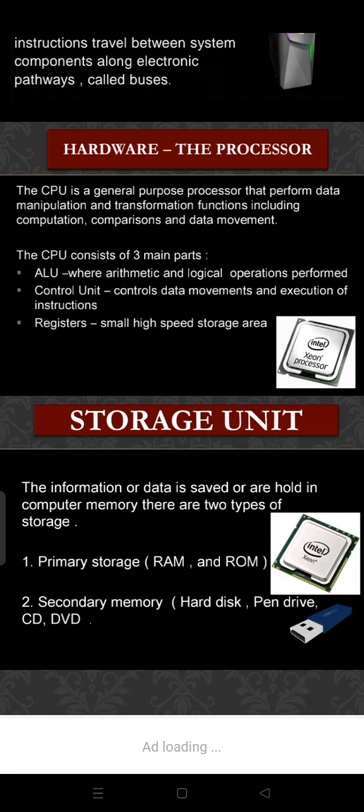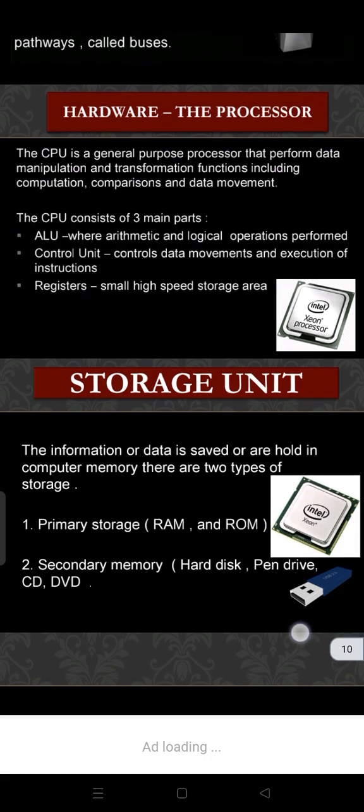Now, the second one is the control unit. The control unit controls data movement and execution of instructions. Now, the third is registers. These are small high-speed storage areas.